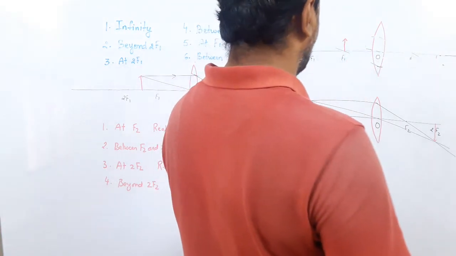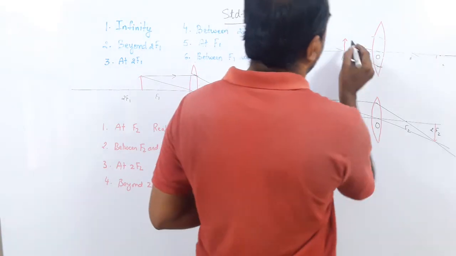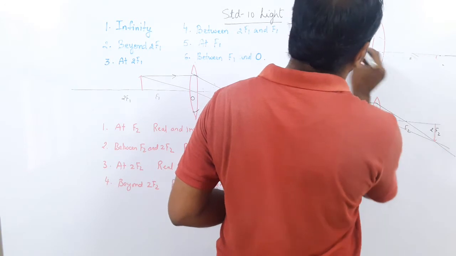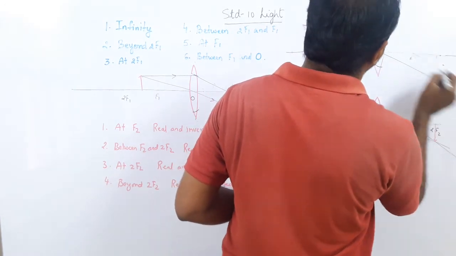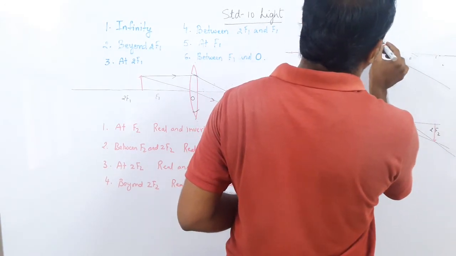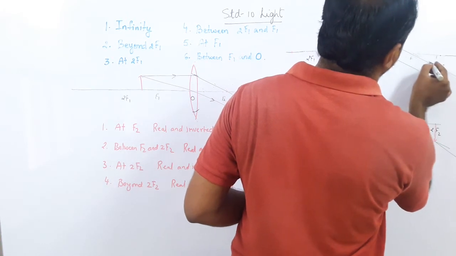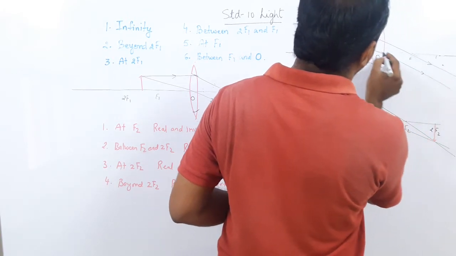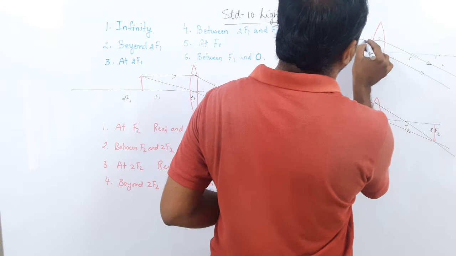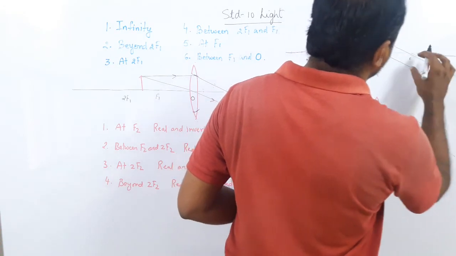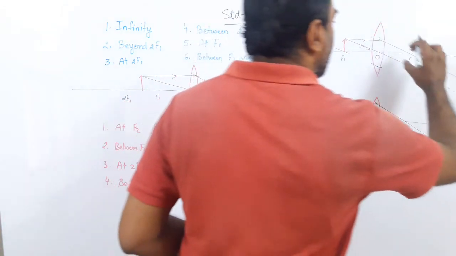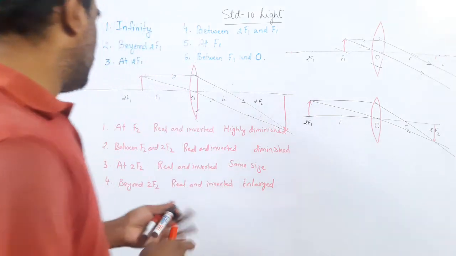Again applying the same rules. Passing through O, going straight; parallel, passes through the focus. What you can see, passing through O goes straight and the lines have become parallel. Now when they become parallel, they will never meet.